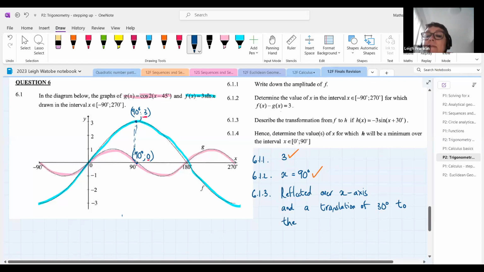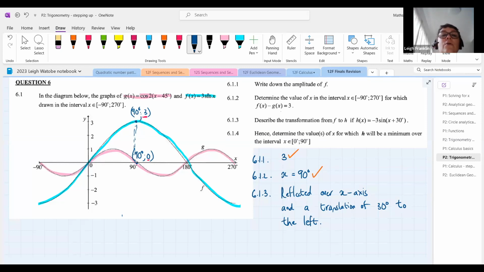Because it's plus, it must have been shifted to the left. Yes, indeed. So 1 mark for reflected over x-axis and another mark for a translation or shift of 30 degrees to the left. Beautiful.